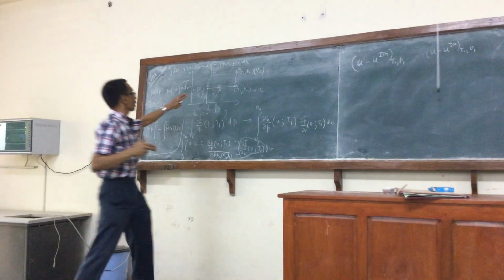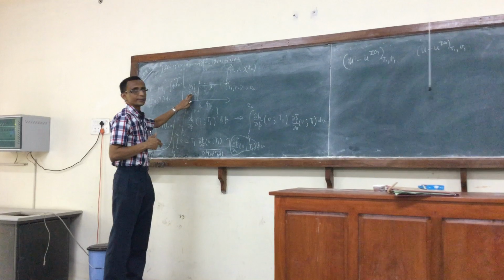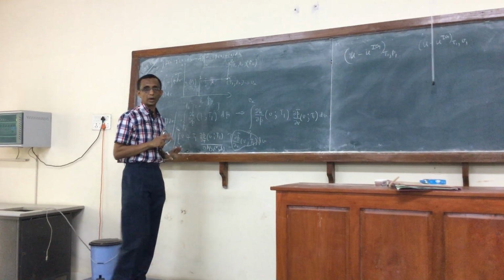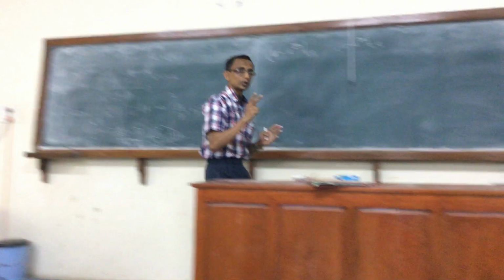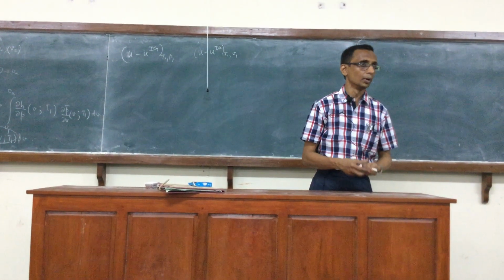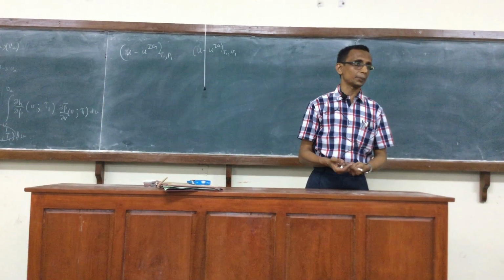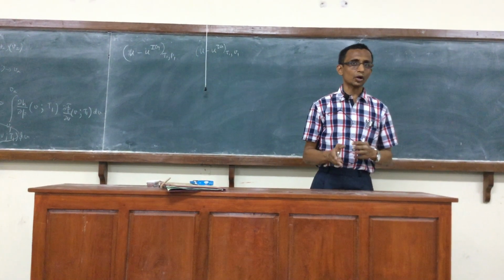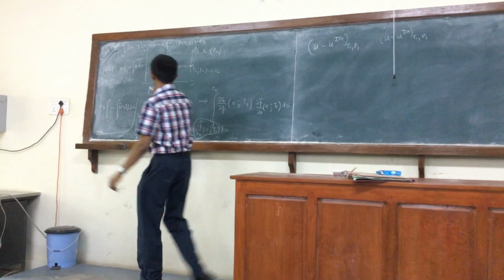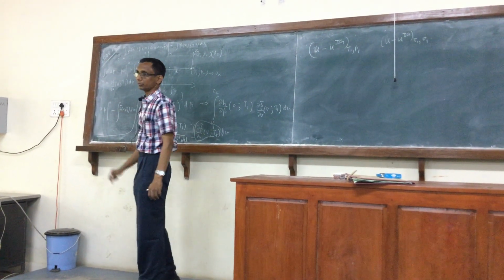So when I talk about state 1, it has temperature T1, pressure P1 and volume V1. I need only two variables to specify the state. I can either choose the temperature and volume, or the temperature and pressure, or the pressure and volume, which is not normally done. Right? So common specification would be obviously temperature and pressure.